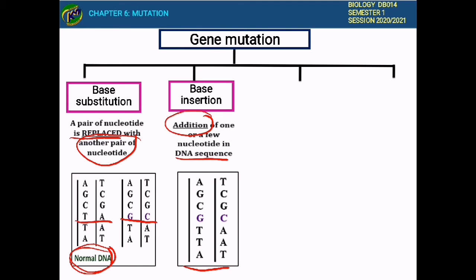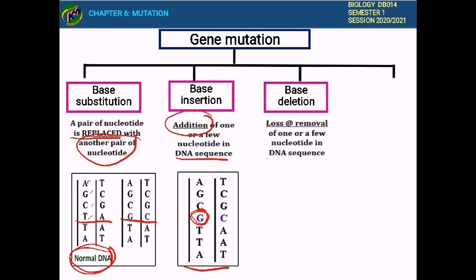So here we have A, G, C, T, T, A. Here we have A, G, C, G. So here there is one addition of a base pair with C, which is G.